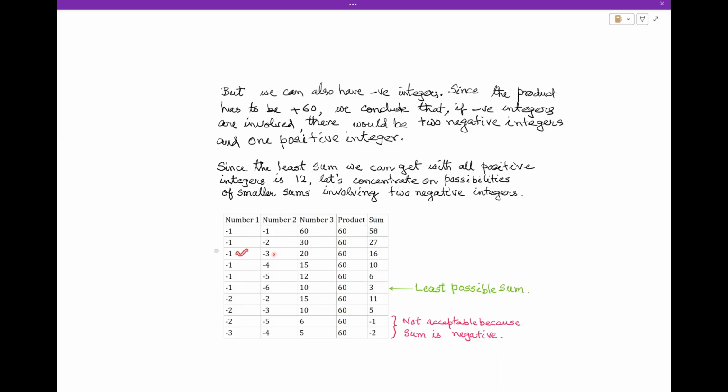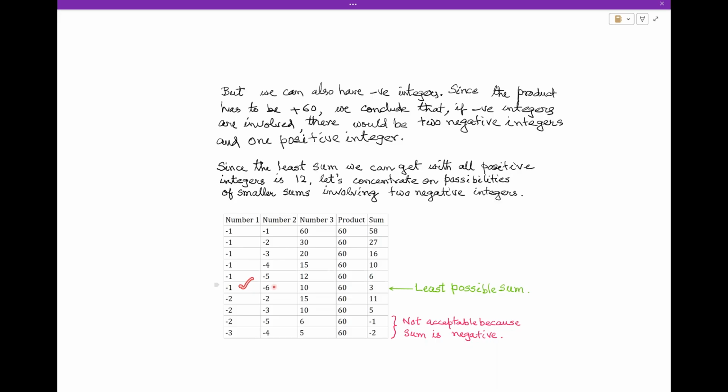Minus 1, minus 3, 20, 60 and 16. Minus 1, minus 4, 15, product is 60, sum is 10. Minus 1, minus 5, 12. Product is still 60. Sum is 6.